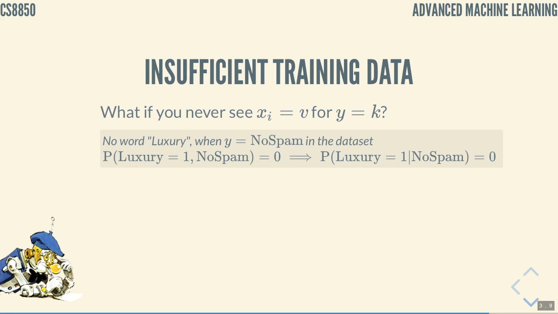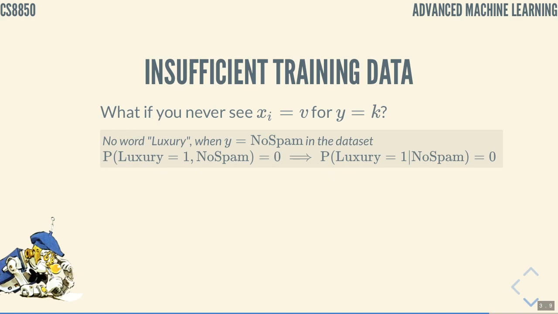Then the probability of seeing the luxury bit in this vocabulary-length feature vector together with the no spam class is 0. Using the naive Bayes assumption, the probability of seeing the word luxury given the class no spam is also 0.